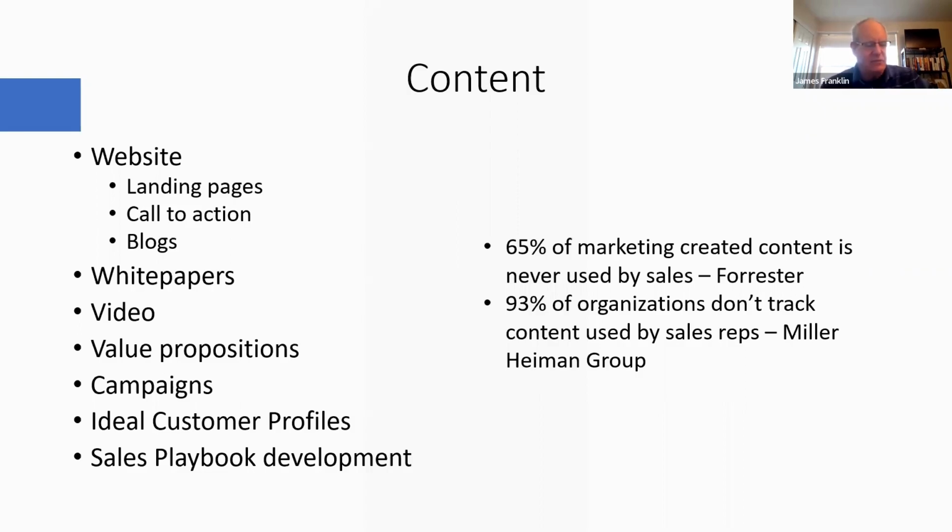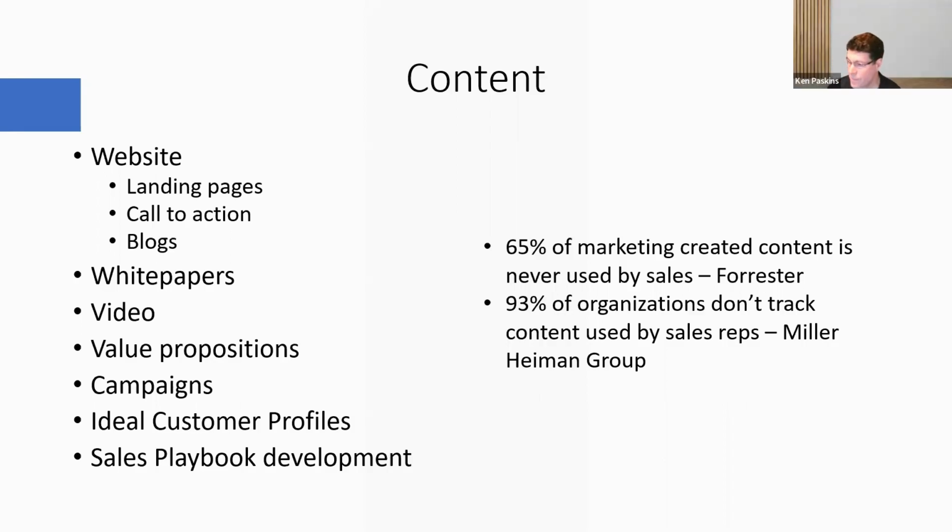You can actually track the engagement of the content used by sales reps. And if you're not doing that, how do you know what's working, right? It's not only a combination of, okay, this inbound lead came because this white paper was so great, or we created 15 MQLs, 20 MQLs from this video production, right?